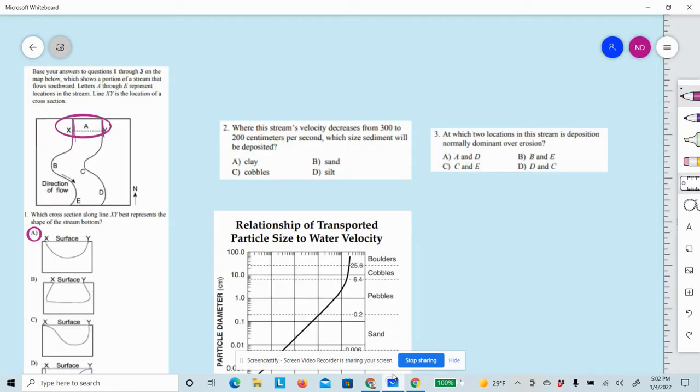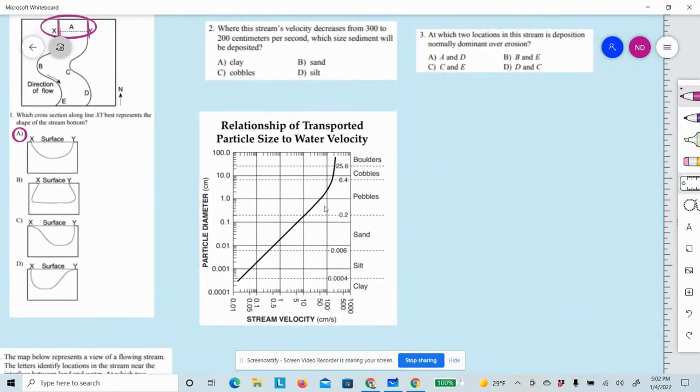Question number two, you're going to need to use page 6 of your Science Reference Tables. Where this stream's velocity decreases from 300 to 200 centimeters per second, which size sediment will be deposited?